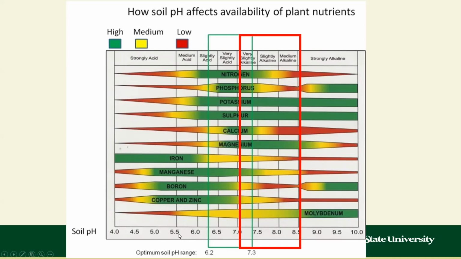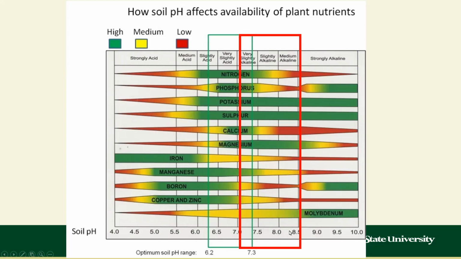The other thing to know about pH, just real quick, is that it's sort of logarithmic. And so as you go up in pH, it gets stronger and stronger, and it gets harder and harder to change your soils to lower the pH.